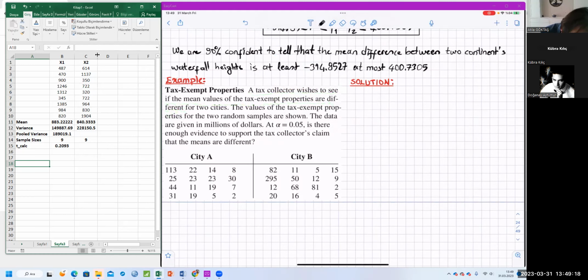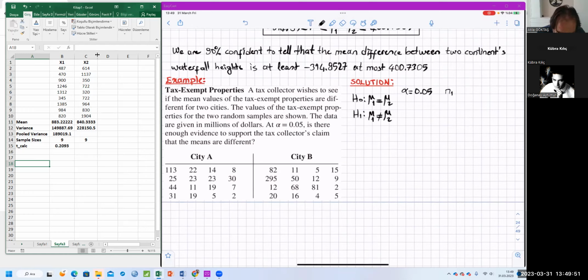So I can easily write the null hypothesis: mu1 equals mu2, and the alternative: mu1 is not equal to mu2. The alpha level of significance this time is given as 0.05.